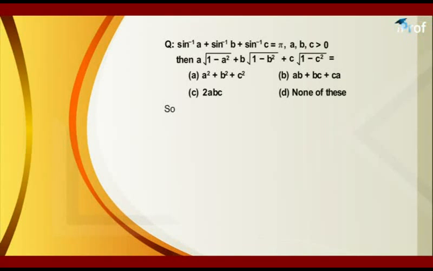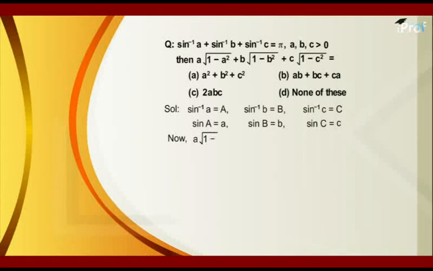Let sine inverse A equal to capital A, sine inverse B equal to capital B, sine inverse C equal to capital C. Therefore, sine of capital A is equal to A, sine of capital B is equal to B, and sine of capital C is equal to C. The given value is A square root of 1 minus A square plus B square root of 1 minus B square plus C square root of 1 minus C square.